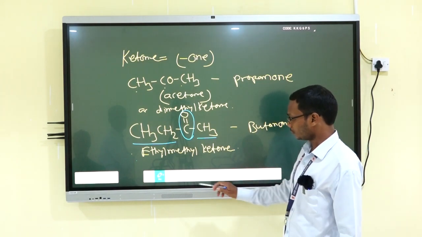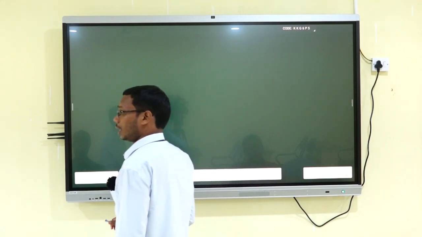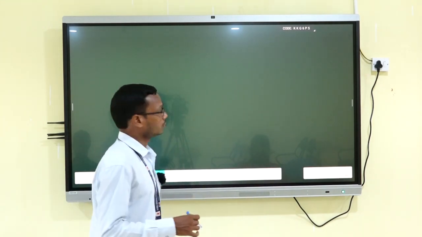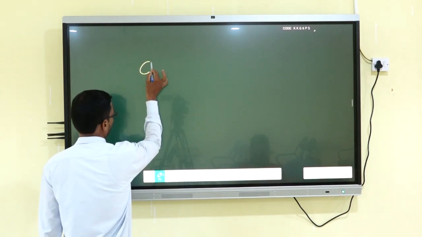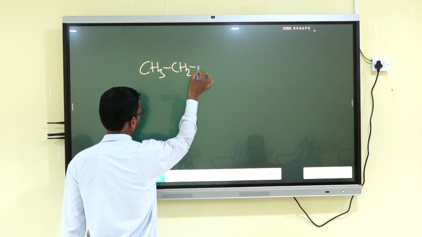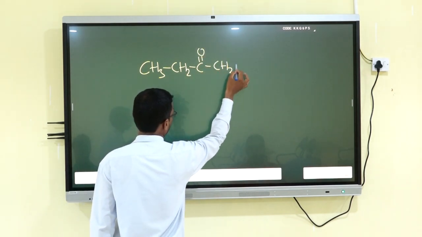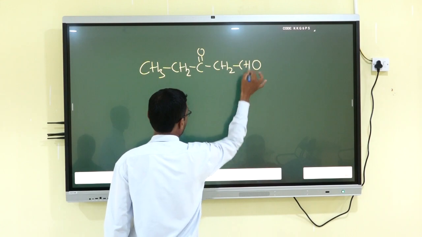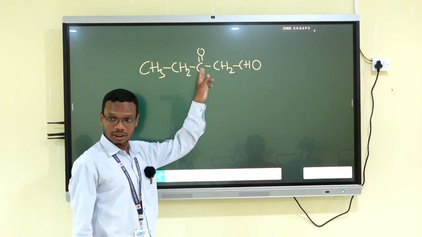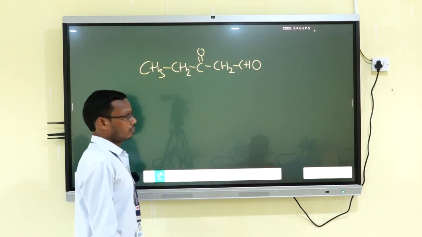Okay. Now consider a compound containing both aldehyde and ketone. Suppose CH3 CH2 C double bond O CH2 CHO. In this compound there is CO, that is ketone, and there is CHO, that is aldehyde. How to name?